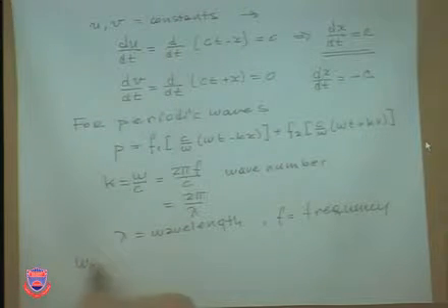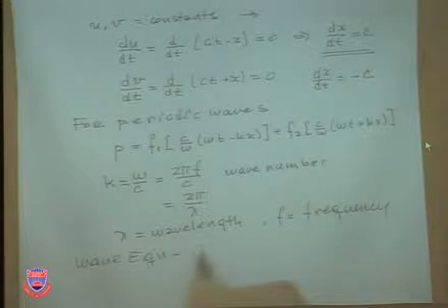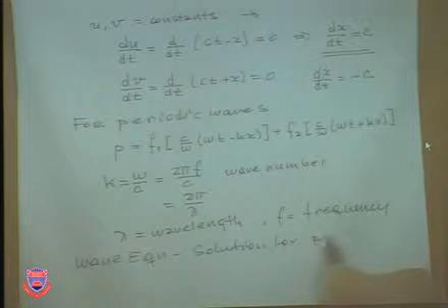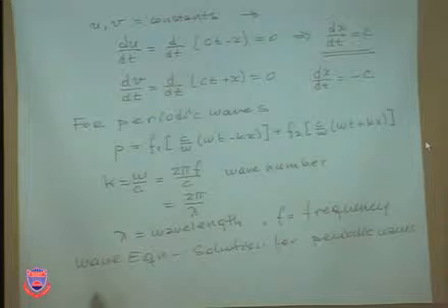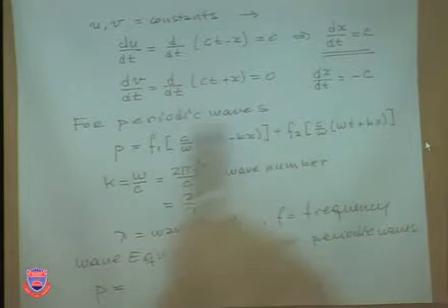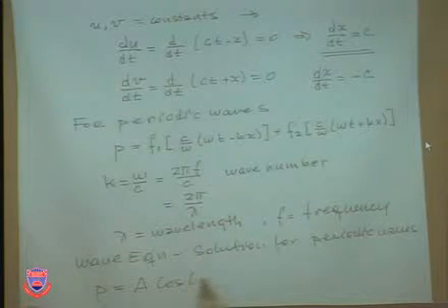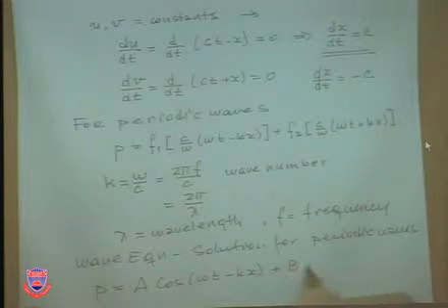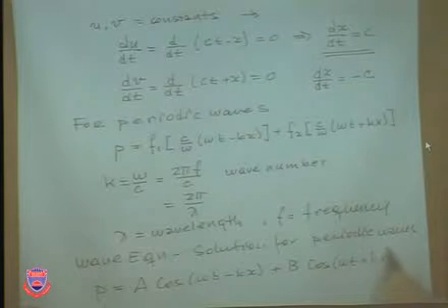And the wave equation solution for periodic waves can be written in exactly the same form, same argument, in this case cosine(omega t - kx) plus cosine(omega t + kx).